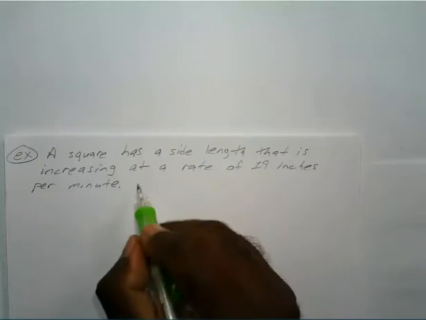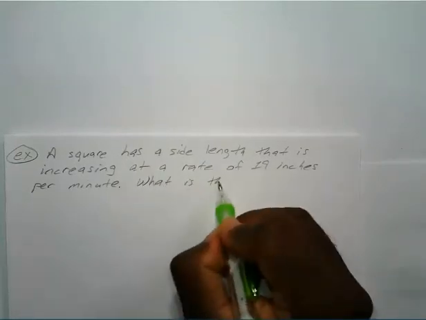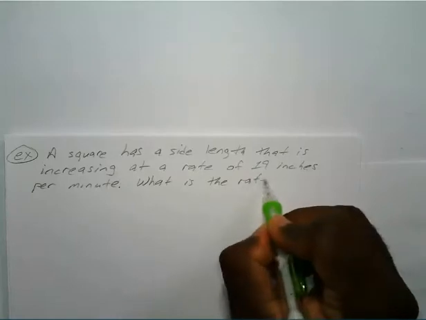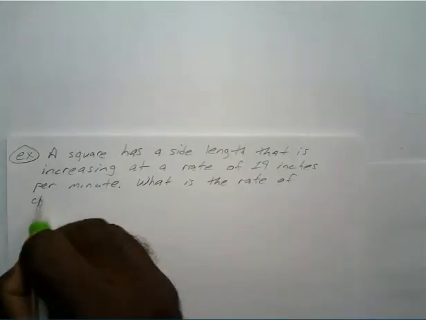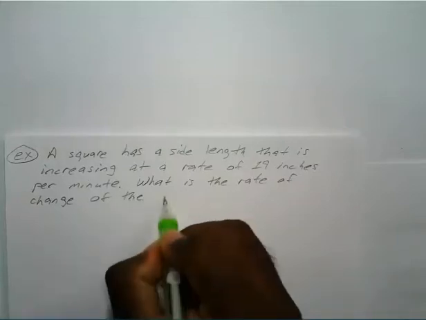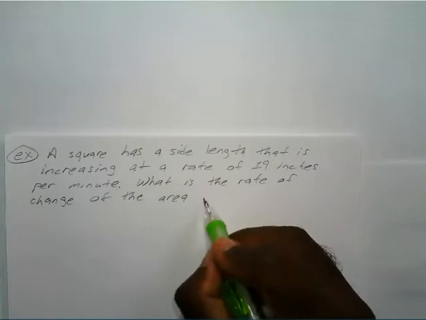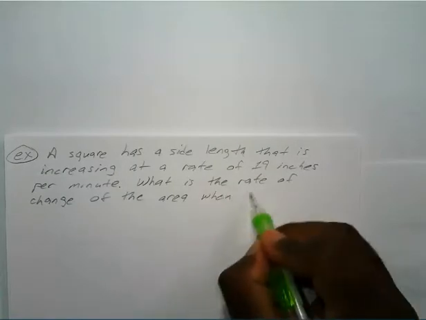What is the rate of change of the area when the side length is 5 inches?